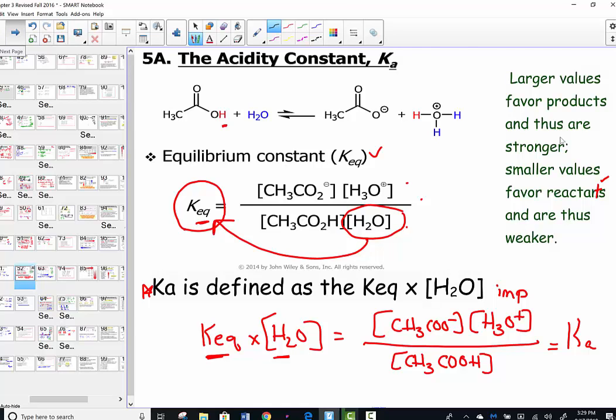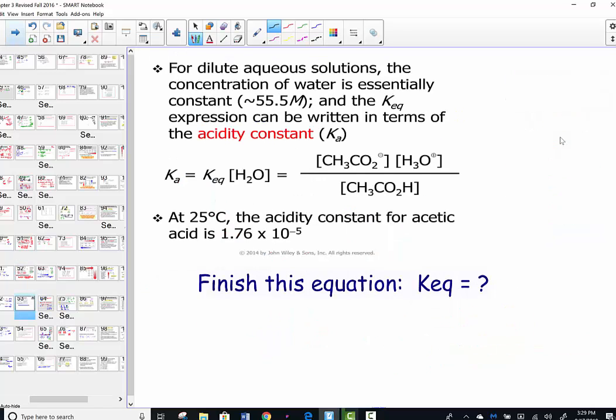Ka is called the acid dissociation constant. Ka is equivalent to saying the molarity of water, which is approximately 55.5 molar, when you think about a water molecule bombarding with a water molecule, forming hydronium and hydroxide.